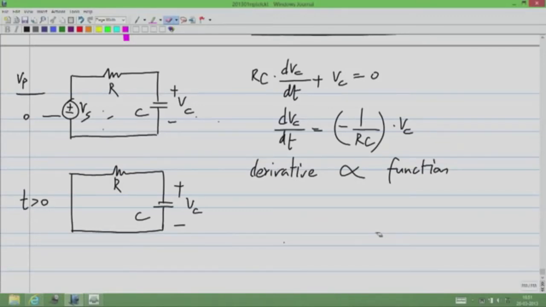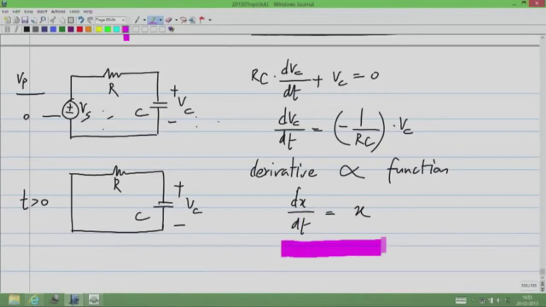It may be a scaled version of that function, but it is the same function. So for instance, let me do it with some other variables. If I have dx by dt equal to x, in this case also, the derivative is proportional to the function. In fact, I have made it exactly equal to the function.